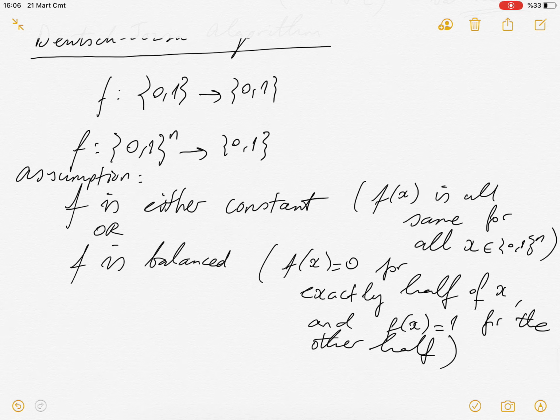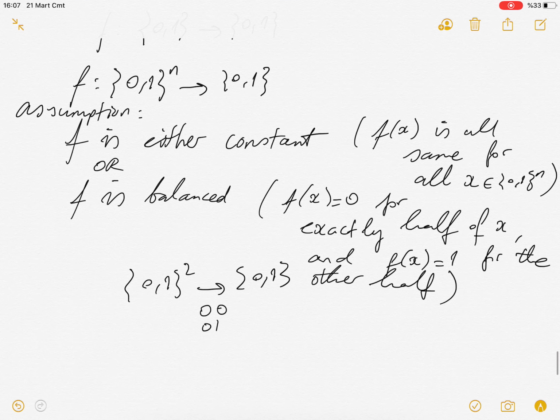So for instance, if f was a function from {0, 1}^2 to {0, 1}, then there are 4 inputs: 00, 01, 10, 11.